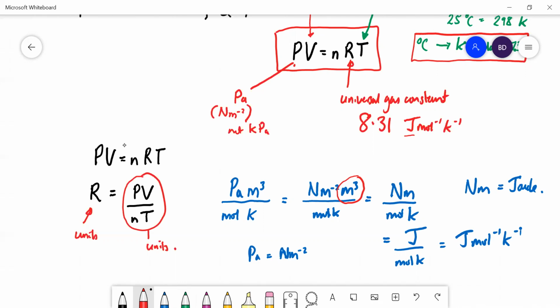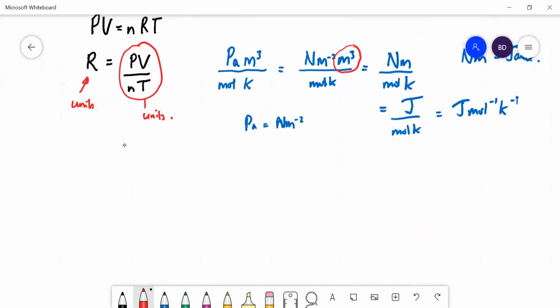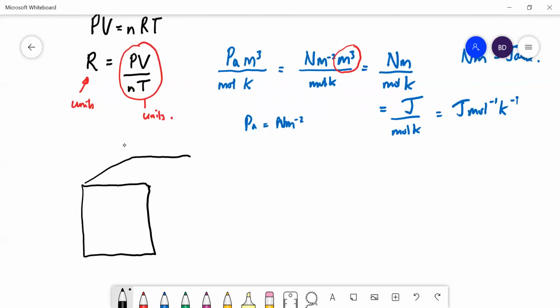And let's just have a little think about a meter cubed, because there is a lot of confusion which arises in that, and people always get the conversion wrong. So let's think about a cubic meter. That's 1 meter in length. What is 1 meter? Well, 1 meter is equal to 100 centimeters.